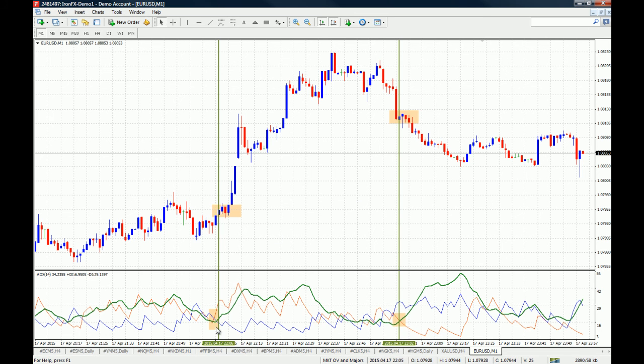And of course, when you have these signals to go long and to go short, you have to pay attention to the ADX, because if the ADX doesn't start to move up, it means that the move you are trying to ride is not strong enough, and you might want to think about getting out.